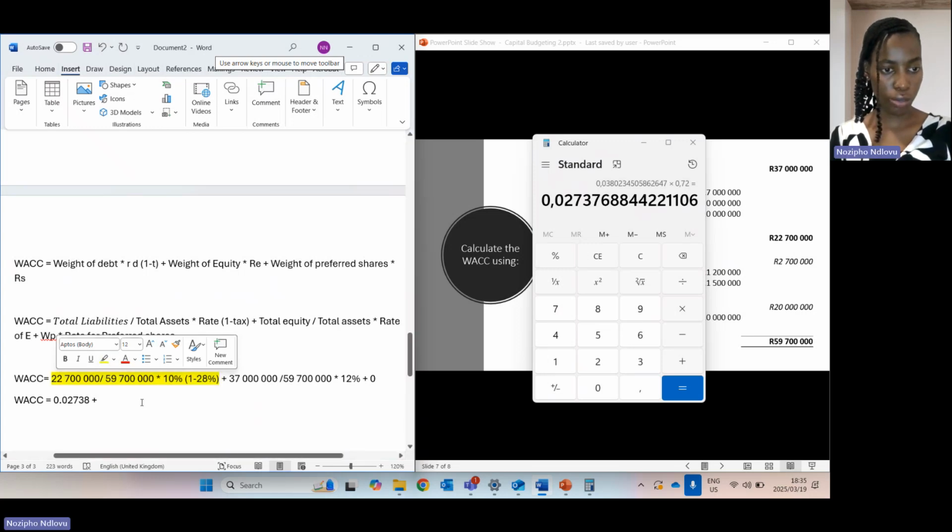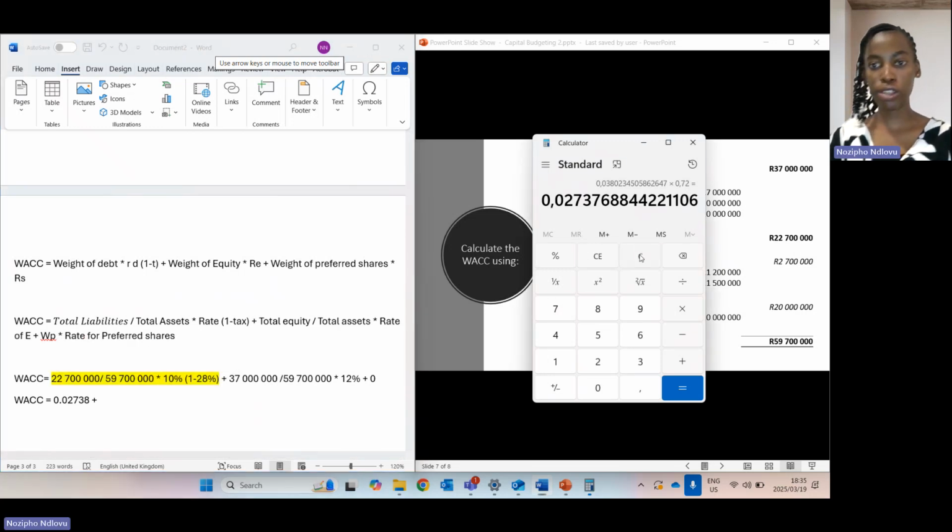This is the part we were just doing. Let's do it again so that we make sure we're all on the same page. We have 22,700 divided by 59,700. I got my answer. I multiplied that by 0.1. I got my answer. I multiplied that by 0.72 because 1 minus 28% is 0.72, which still gives me 0.02738.